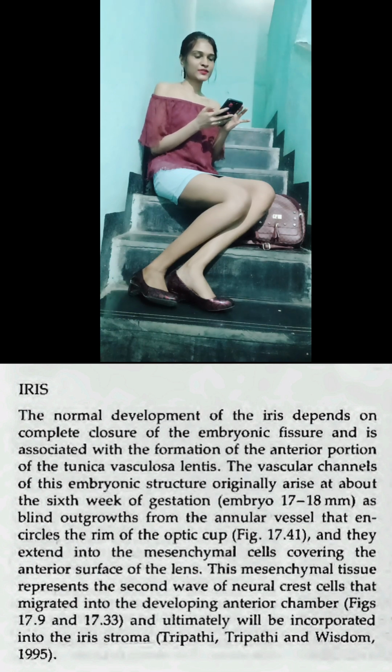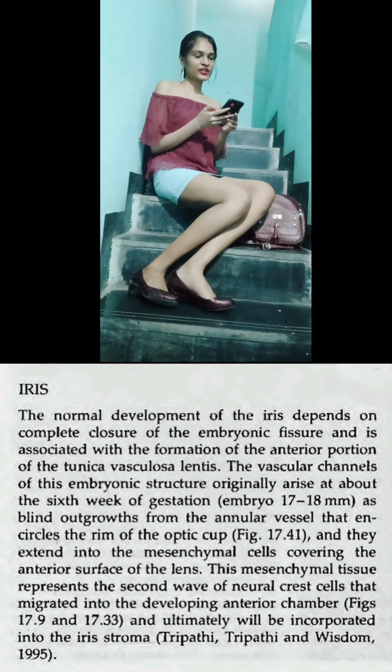Development of iris. The normal development of the iris depends on complete closure of the embryonic fissure and is associated with the formation of the anterior portion of the tunica vasculosa lentis.